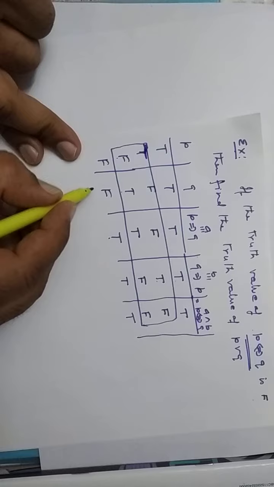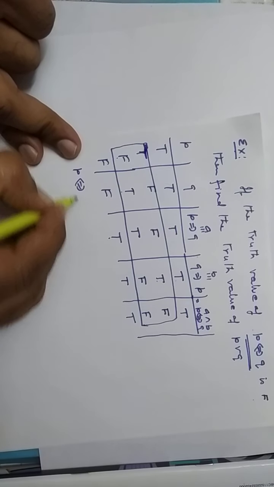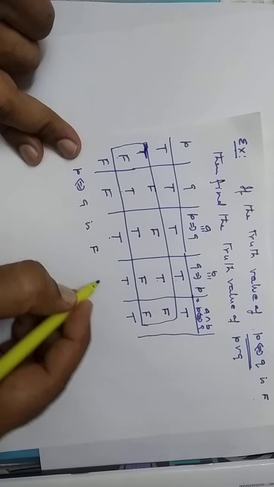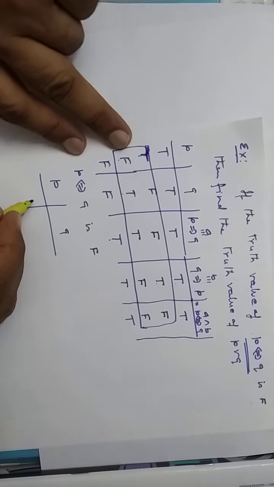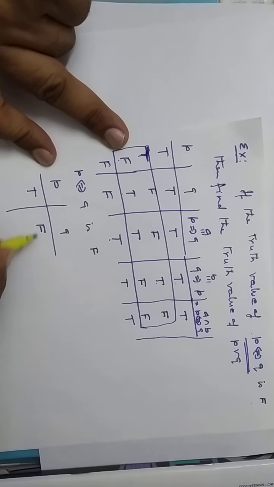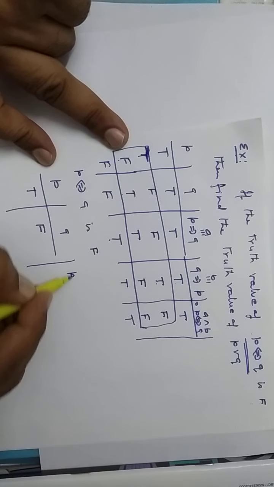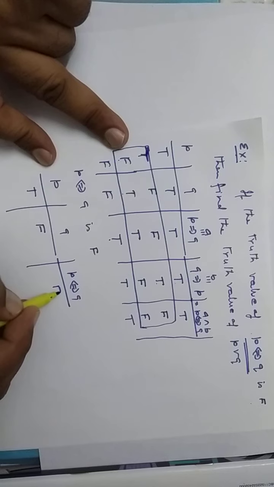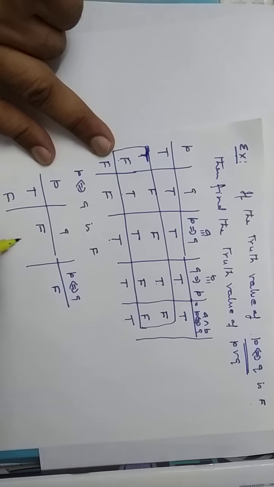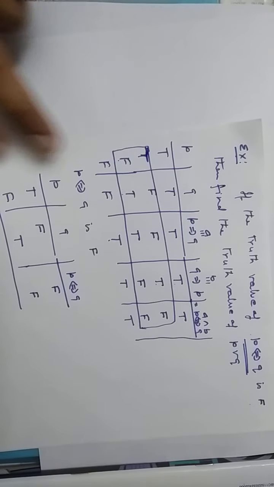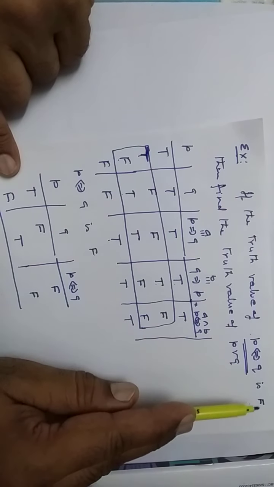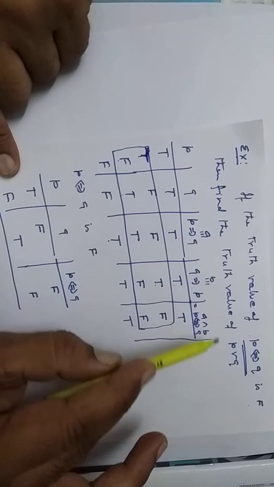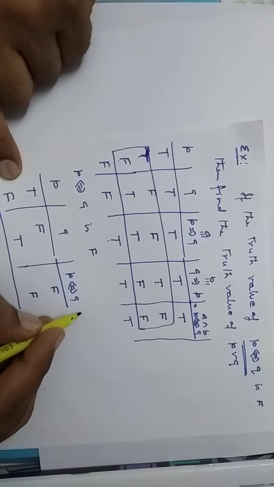So P implies Q is F. In that case, the value of P is true, false. Then this one is false, this is false, this is true, then this is false. So only these two values are useful for us. Now the statement is given that P if and only if Q is false. In that case, what is the value of P and Q?